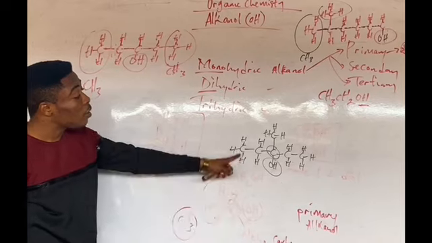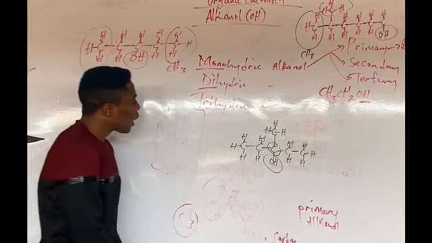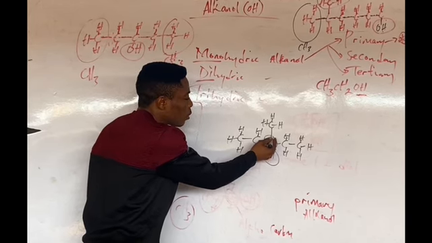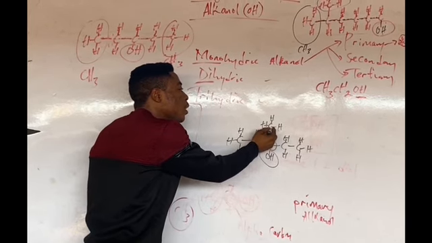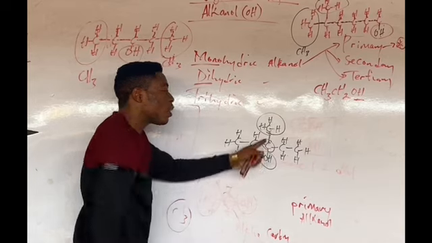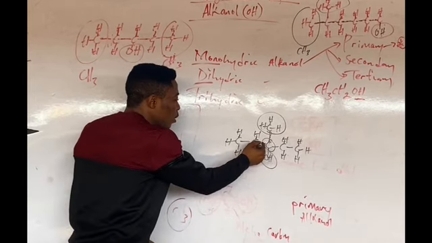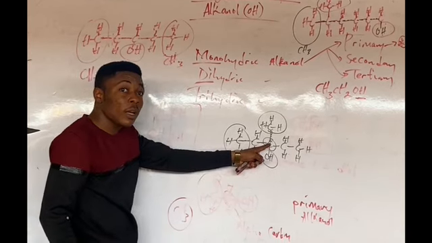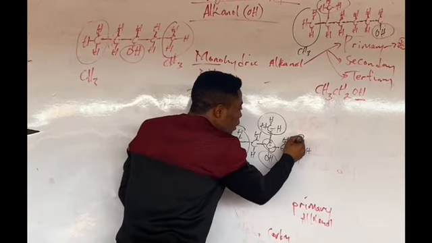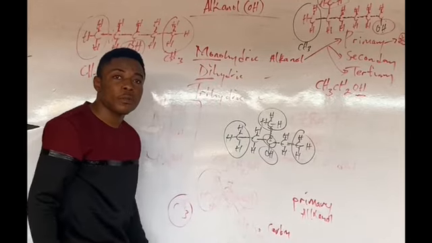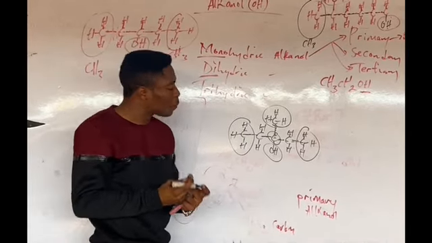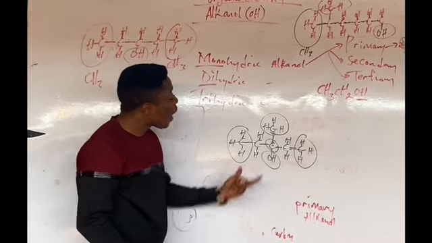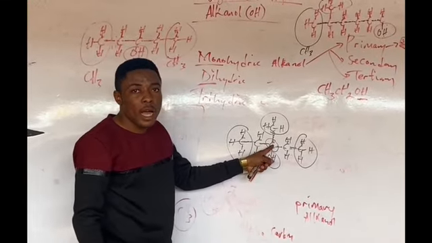Anyways, mere looking at it, you know that since this is the alpha carbon, this methyl group has direct link with the alpha carbon, this methyl group has direct link with the alpha carbon, and of course this methyl group too. So in our class, we have 3 methyl groups having direct link with the alpha carbon.